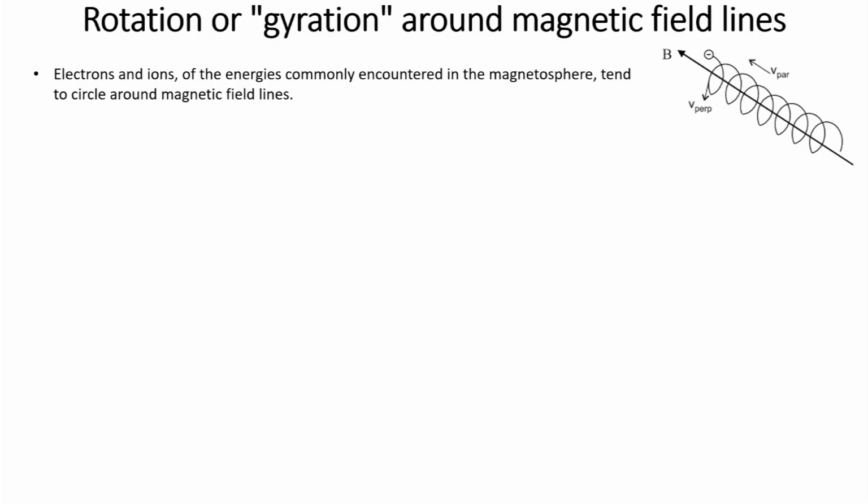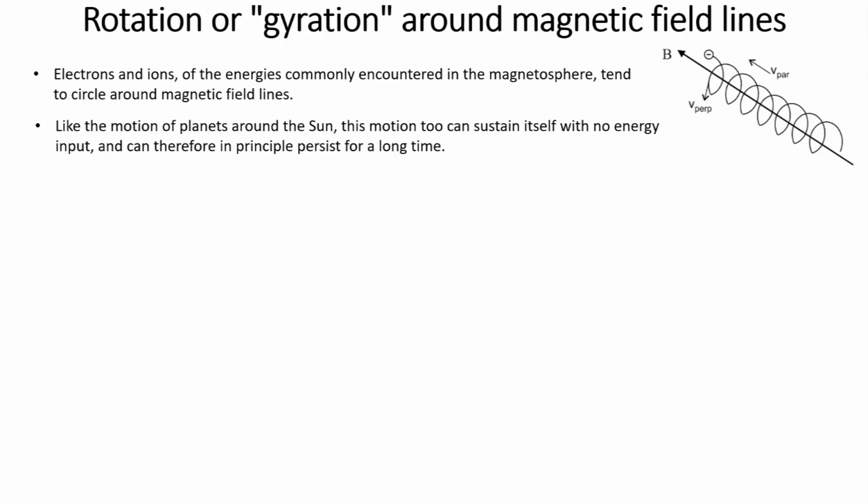You can see there is a magnetic field B, and a charged particle having velocity components: one parallel to the magnetic field, and the other perpendicular to the direction of the magnetic field. Whenever the particle is moving, there will be a gyration. It will circle the magnetic field, forming a solenoid, and the axis of the solenoid will be the magnetic field line.